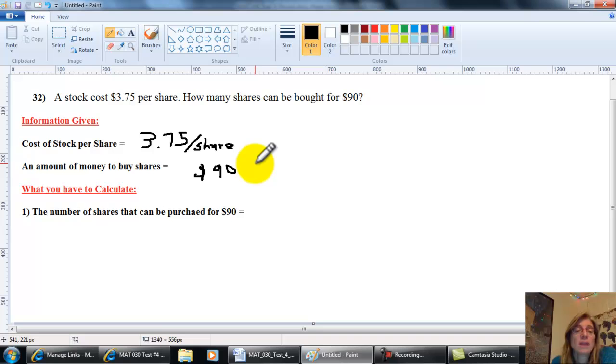Well, instead of multiplication, we're going to divide. So how many of these shares at 375 cents can be divided into $90? So how far can that $90 be spread out, essentially?